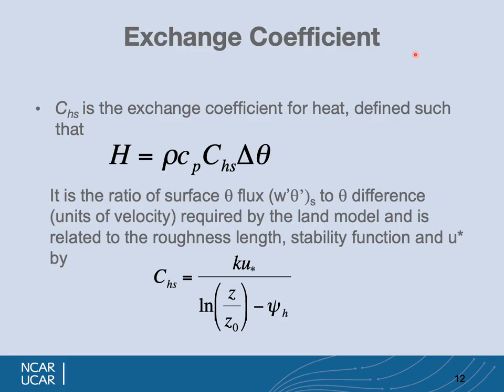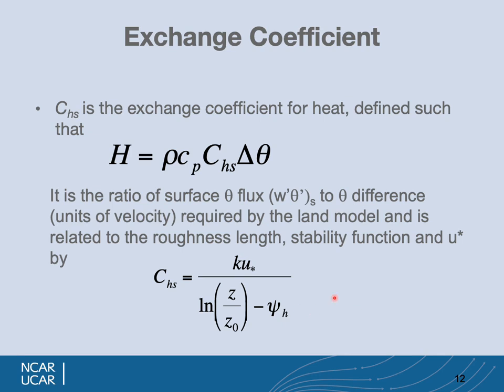So to get the heat flux, we need to know the exchange coefficient. The exchange coefficient is the ratio of the heat flux to delta theta, and we call it CHS in WRF. And CHS is therefore given by this formula. In fact, when you relate this to the previous formula for the heat flux, it's only a function of U star, the roughness length, and the stability function for heat.